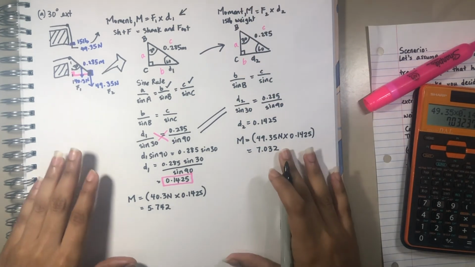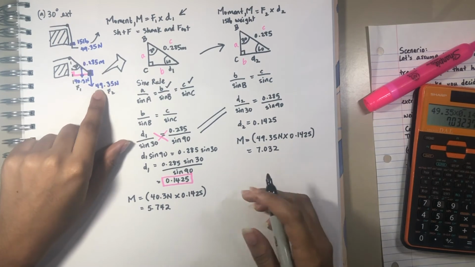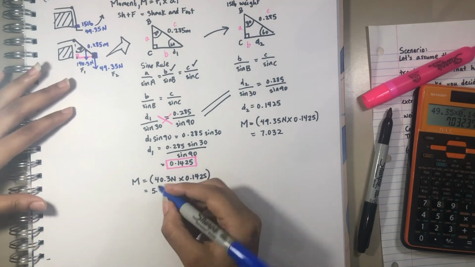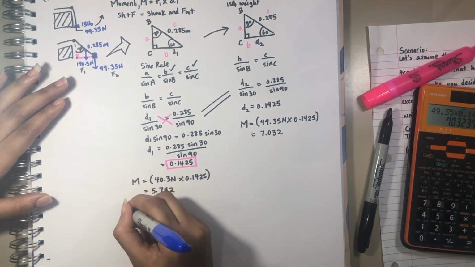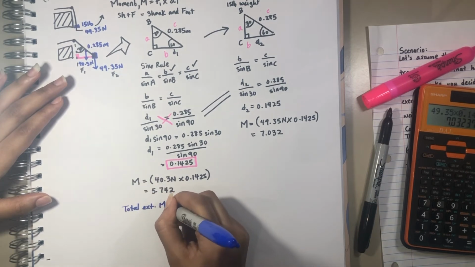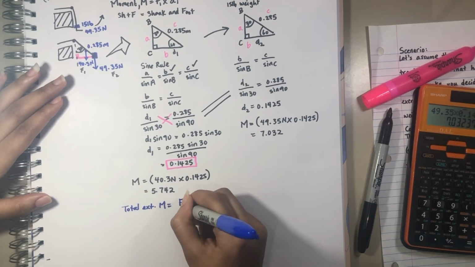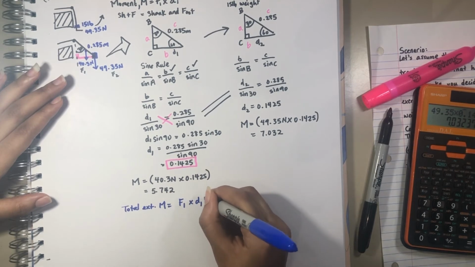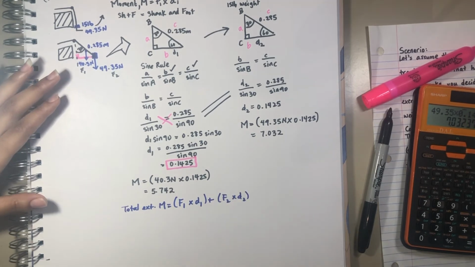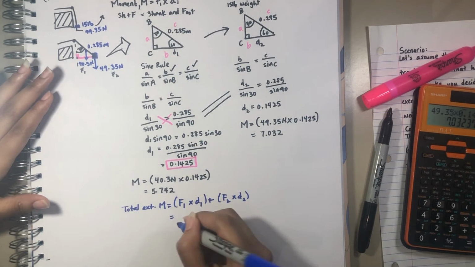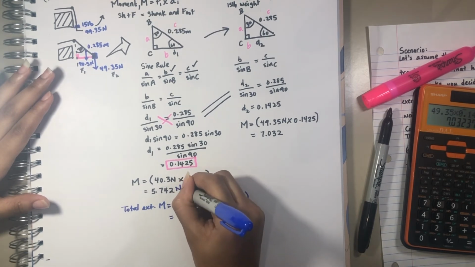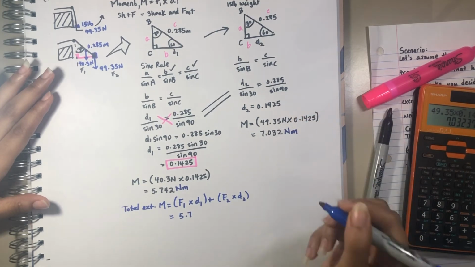Now what we realize is to find the total external moment, we would have to add these two. That makes sense, right? So what we can say now is the total exterior moment is equal to F1 by D1 plus F2 by D2. So we have found both of the moments. Remember, moments are in Newton meters.